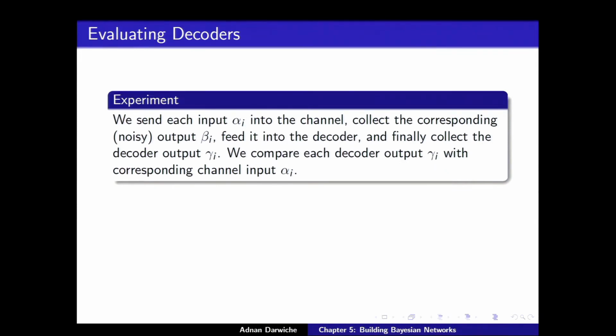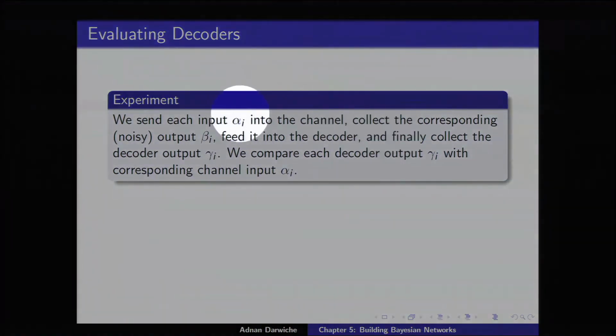I'm going to generate some input, channel input alpha. I will send it across the channel. I'll get the noisy version, beta, right? I give it to the decoder, and the decoder comes back and says, I recovered it to gamma, correct? So now I compare gamma to alpha to see how well it's doing, right? Because this is what was really sent.